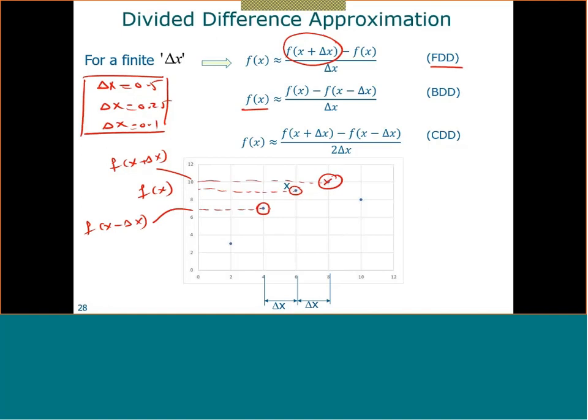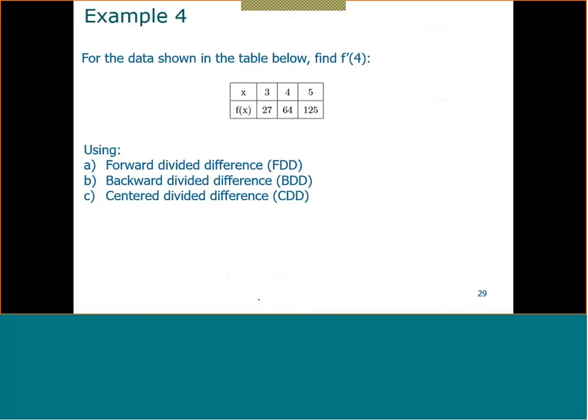Okay, so let's have an example here. Okay, so here we have a data point x. Okay, this could be anything, could be time, could be a distance, so it doesn't really matter what x is. And it doesn't matter what f of x is. Again, this could be voltage, could be current, could be velocity, could be anything else. So we don't care about what f of x is.